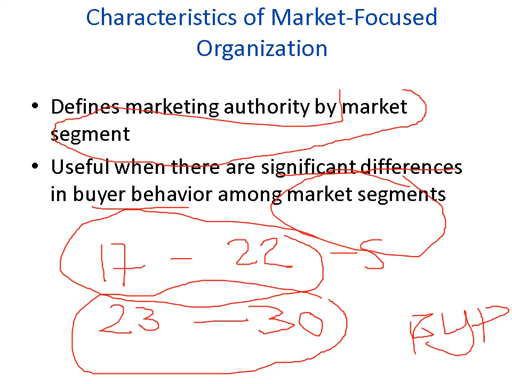So they could afford the different product line that you are trying to. Maybe this 23 to 30 might belong to the early adopters, no? Especially in high technology demanded product. Okay?